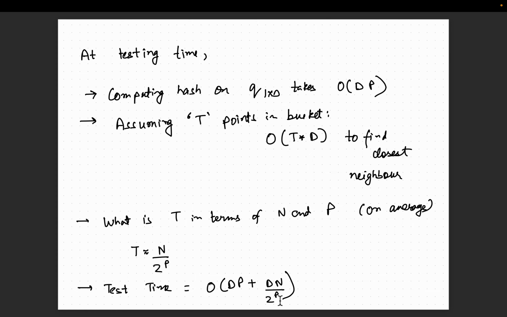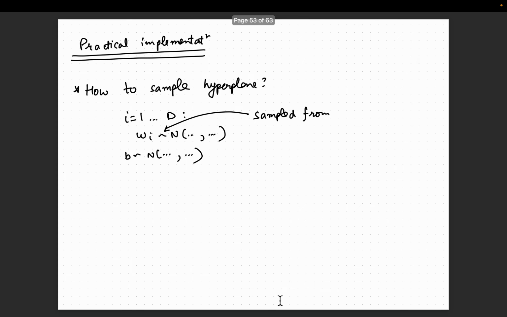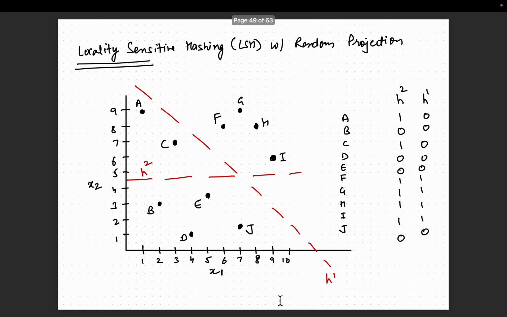Any questions on these different implementations? So the question is, once you find the hash, how do you know the other points in the bucket? I have left this specific implementation detail aside, but let's assume that it is order 1, constant time.